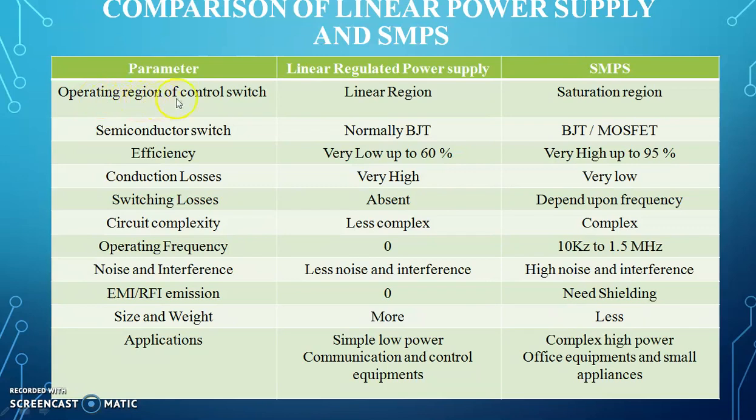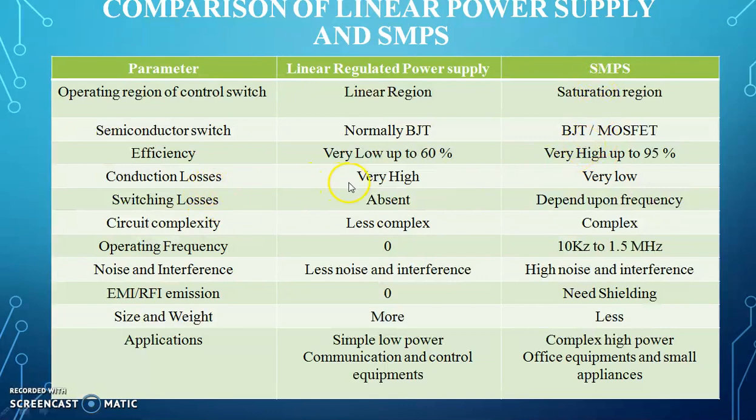Operating region of the switch is the linear region for LRPS and is the saturation region for SMPS. Semiconductors used is normally BJT for LRPS and BJT or MOSFET for SMPS. Efficiency is up to 60% for LRPS and it's very high, up to 95% for SMPS. So the efficiency is good for SMPS.